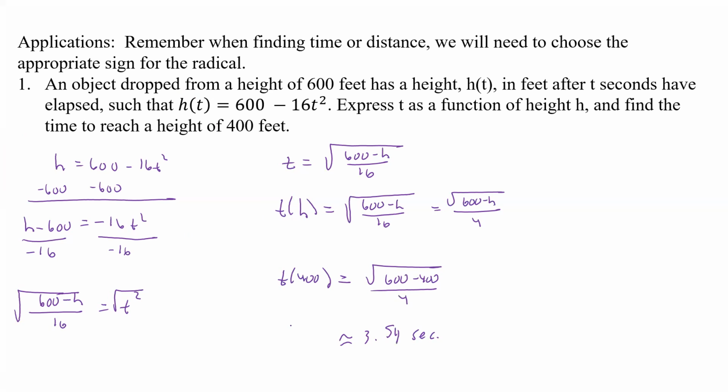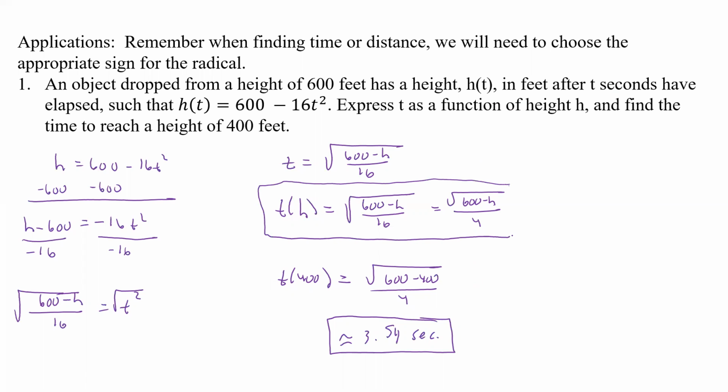Okay, so that would be the time. It says find that function as an expression of height, and we could use either one of those, whichever we feel comfortable with. I think this one we can simplify the most. So that was a good one, and then we just plugged it in and got our 3.54 seconds.